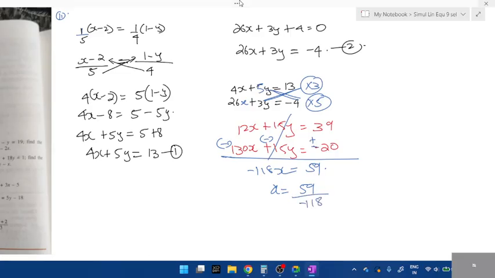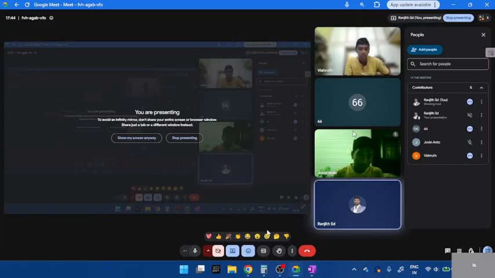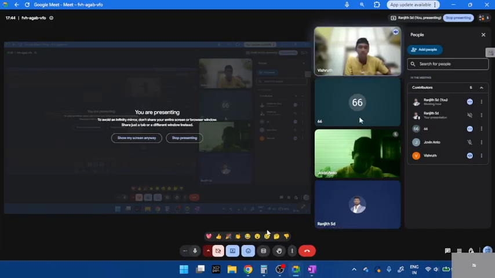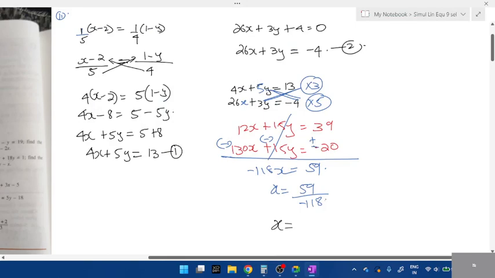Next. Tau minus 1 by 2. Which one you divided? Okay. Then what's the answer? How did you divide? Explain that step.